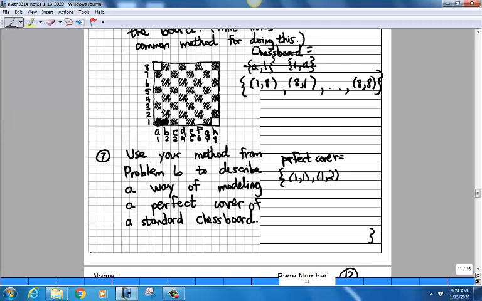Now this is where things sometimes get a little bit tricky, because we may want to group them together as an ordered pair. But when you group things as ordered pairs, order matters. So if I were to switch the 1, 2 and the 1, 1, mathematically that would be a different thing. But on our board, is that really different?